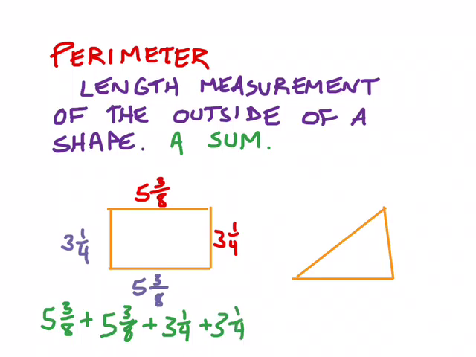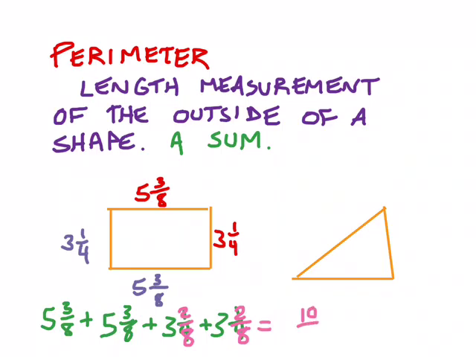Now, hopefully we remember adding mixed numbers, and in this case it would be very helpful to have a common denominator to add these up with. So I would probably go ahead and change 3 1/4 to 3 2/8, and I'd do that twice so that I had all 8s. And then I could add up all my 8s and all my whole values, and I'd have my answer. So I've got 3 8s, 3 8s, that's 6 8s, plus 2 8s, that's 8 8s, plus 2 8s, that's 10 8s.